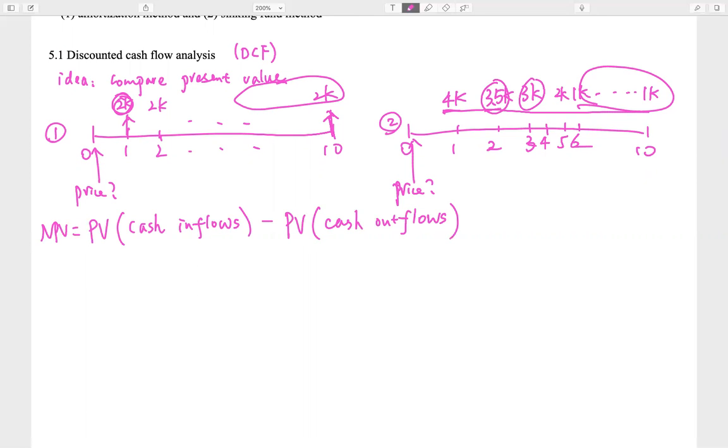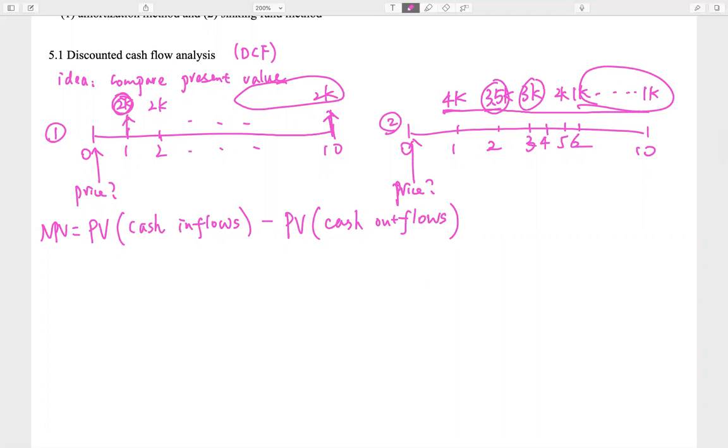If this is positive, what it means is the present value of what you expect to receive outweighs the present value of the money you expect to pay. That means it's a profit to you, right? So you will only take on a project that would end up with a positive profit.